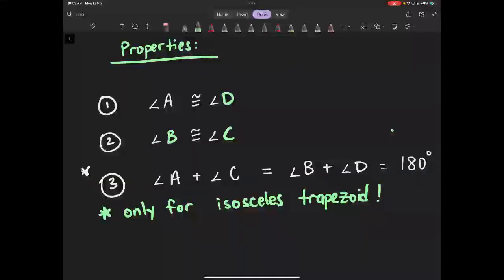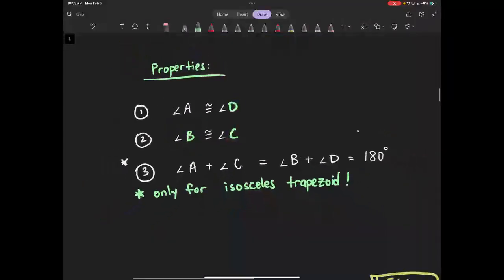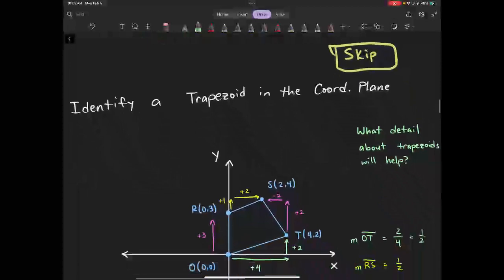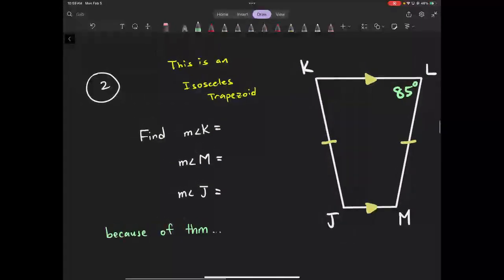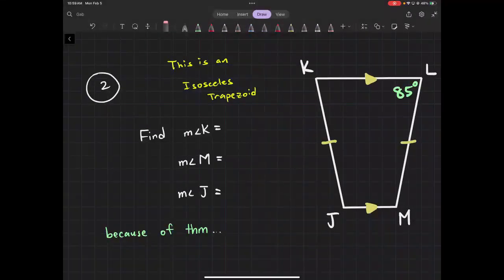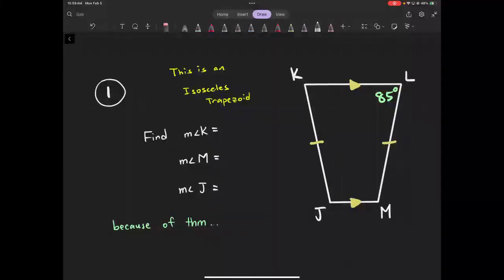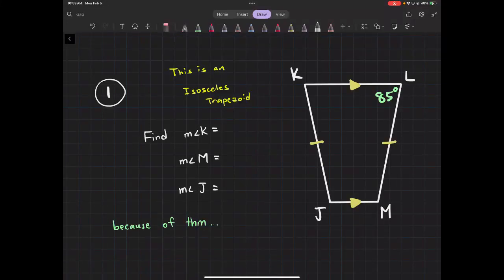I don't need you guys to copy those. Okay, so we're gonna go into an example. This is your example number 1. This one's just identifying all the angles. Nothing too crazy.